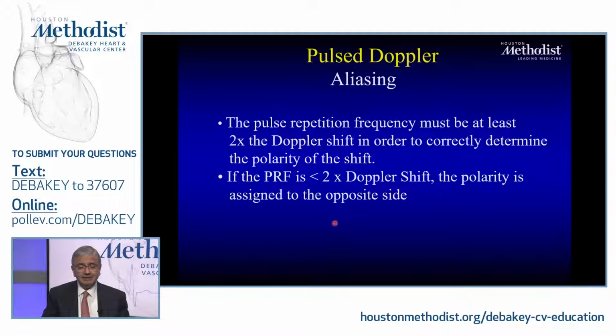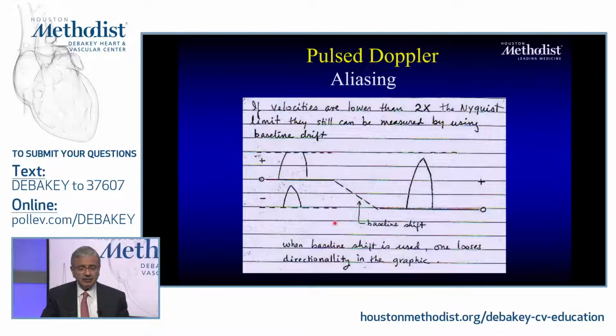Same thing, if you take a movie of a moving car, at times you see the wheels going in the opposite direction of where the car is going. Again, it's a relation of the speed of imaging in relation to the speed of the actual wheels themselves. Okay, so that's the same phenomenon that we have here.